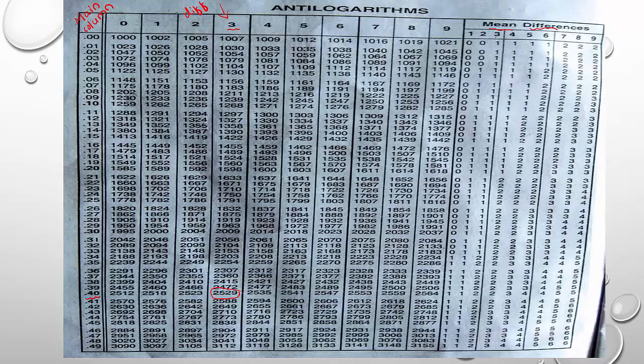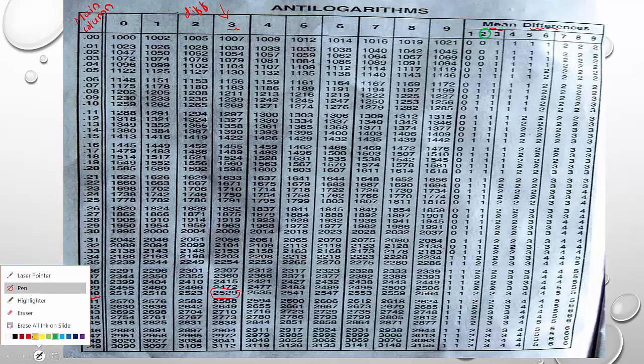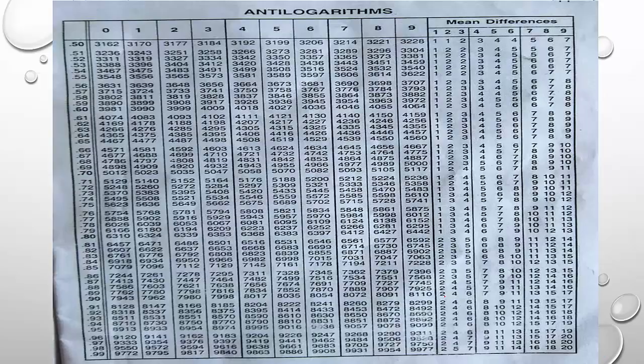Mean difference at 2 will be here. We can observe in the vertical column. 0.40 at 2 means we have the value 1 here. You can carefully observe this tabular column. So now I am going to write the number 1 here.